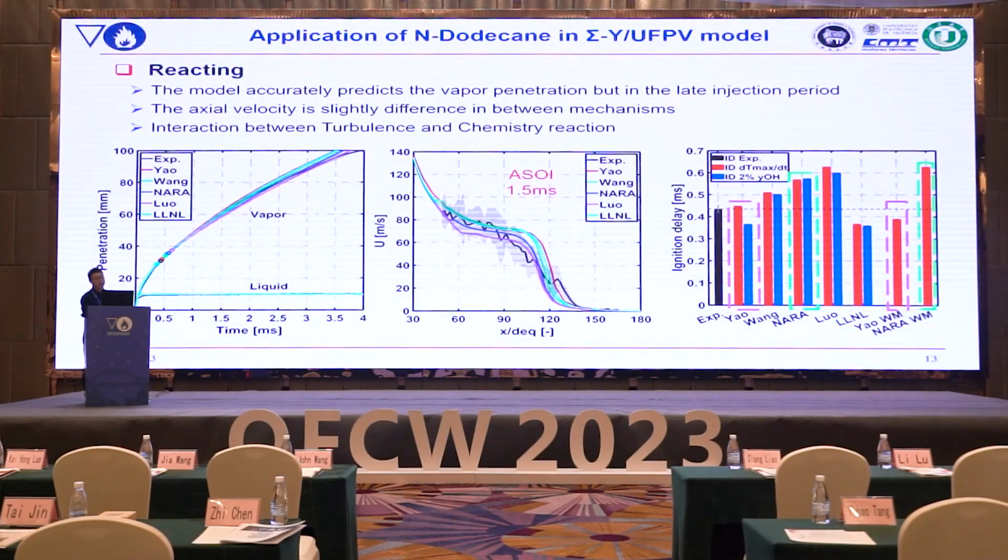The velocity in the axis shows some difference at the end of injection, maybe because of differences in the mechanisms. The axial velocity is slightly different between the mechanisms. Maybe the result is due to the interaction between the turbulence and the chemical reactions.